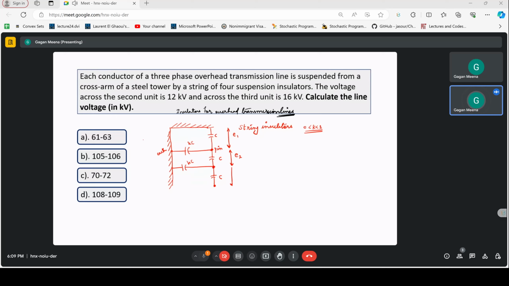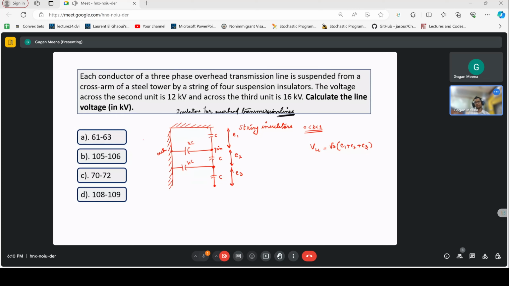Now if we see the voltage between this point and this point, let us call this A and this B. Between A and O, everything is grounded, so everything is O. So between AO, this is also AO, this is also AO.